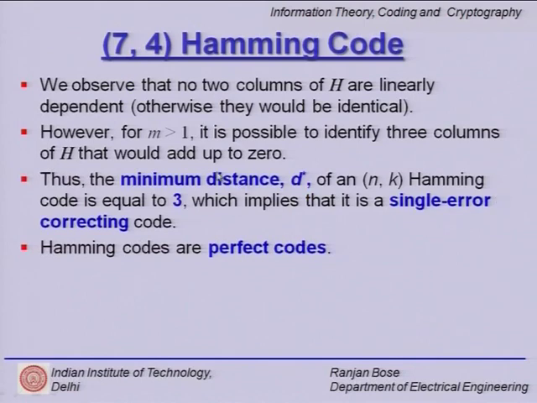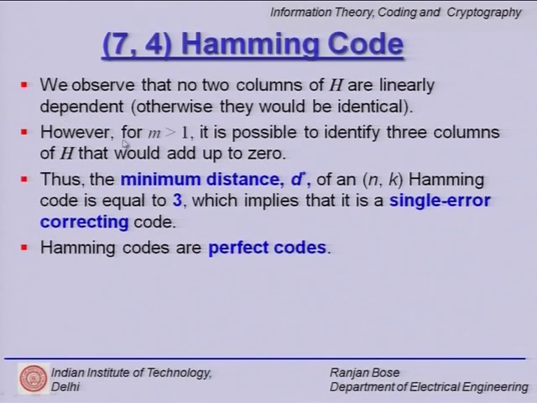Now, we observe that no 2 columns of H are linearly dependent, because there are only 7 columns and we have exhausted all the 7 non-zero vectors to form those columns. Clearly, no 2 columns of H are linearly dependent.